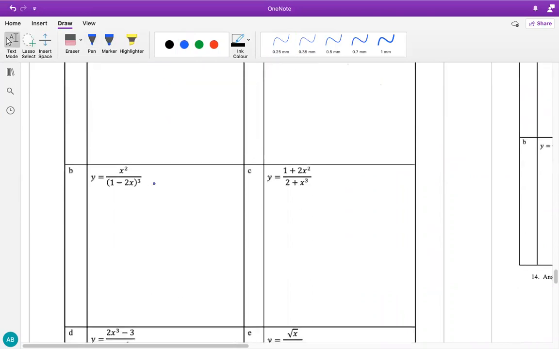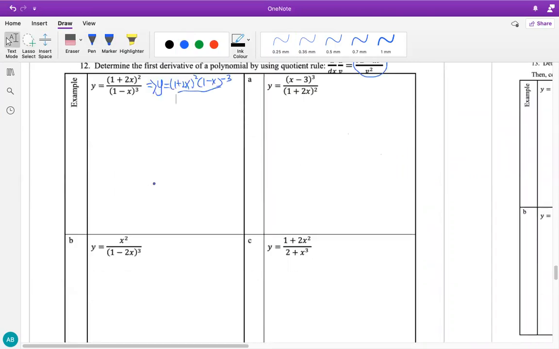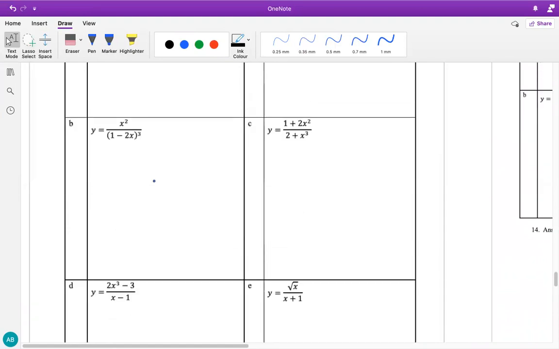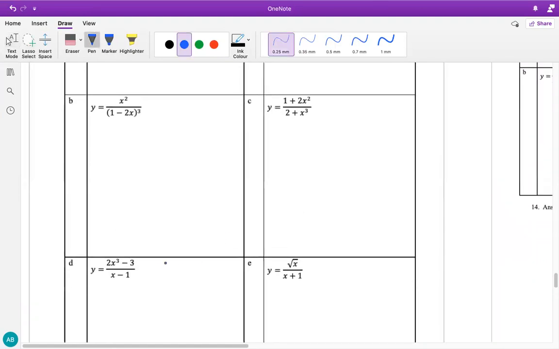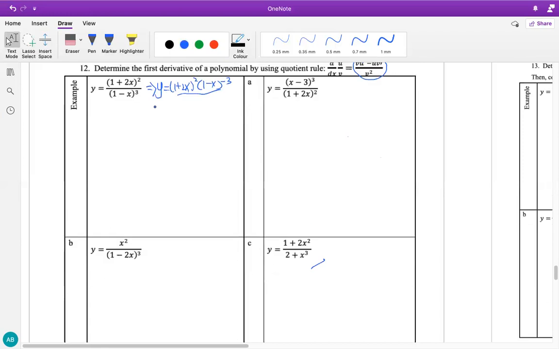The questions in the workbook are quite tough. So I think I will ask you to do these 3 questions. These 3 are quite tough because they involve a square, right? This one is still okay.